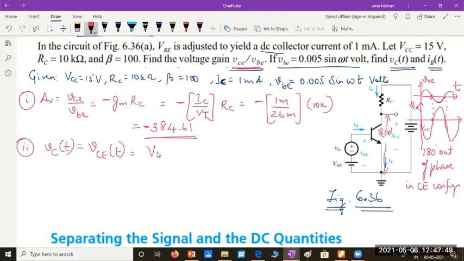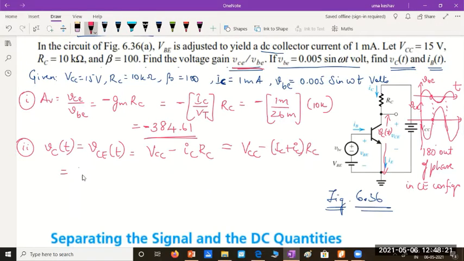And can I write it as VCC minus ICRC? We know the voltage from here to here, just now we have written, is the total voltage VCC minus the drop across this resistor. So it is VCC minus ICRC, and actually we had simplified this. This will be VCC minus (IC plus small ic) into RC.